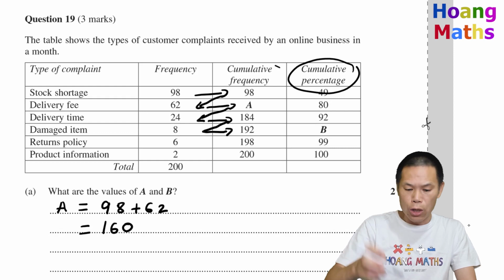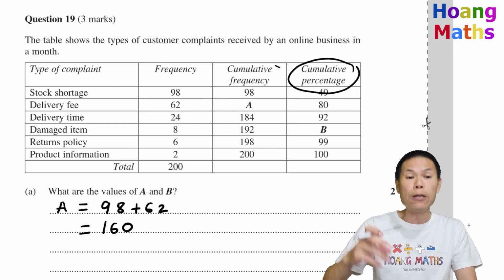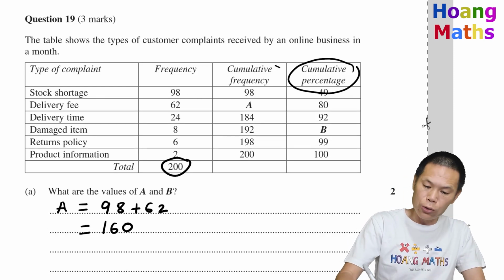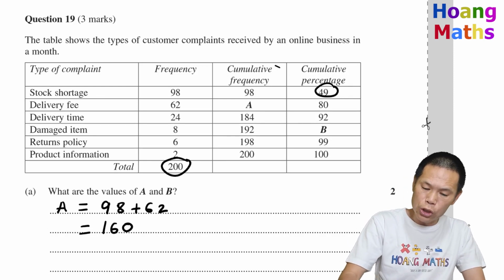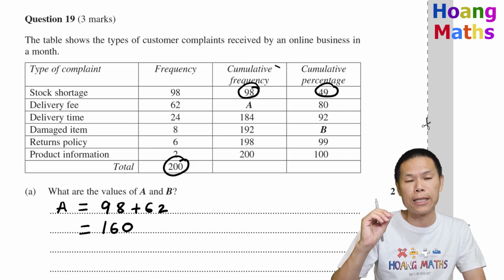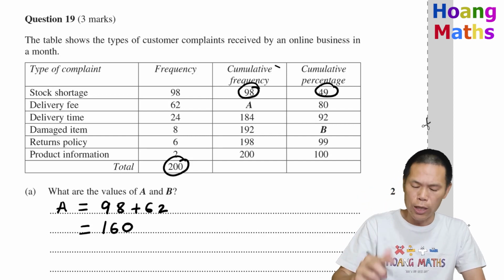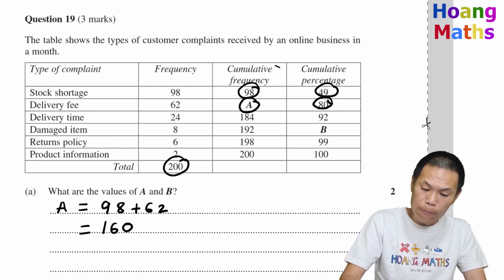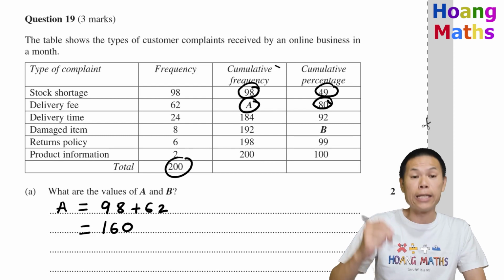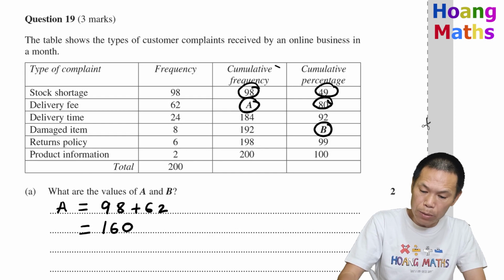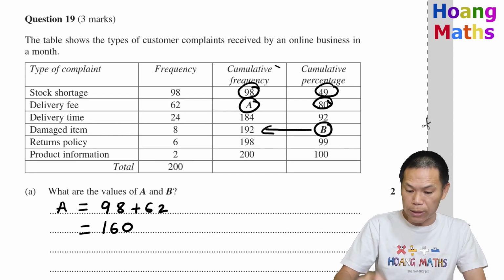Now to work out B, this column here is cumulative percentage. In other words, we use the cumulative frequency and divide by the total, which is 200. To get 49%, we just go 98, then divide it by 200, and then times by 100%, because we want to convert to percentage. To get 80%, we go I, divide by 200 and times 100%. So to work out the value of B, B is the cumulative percentage.